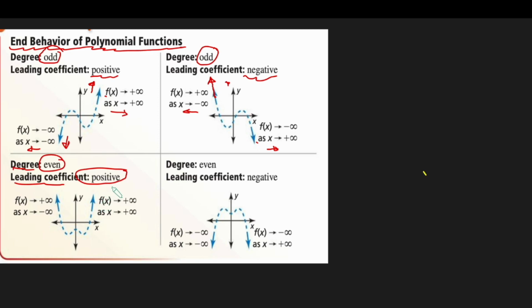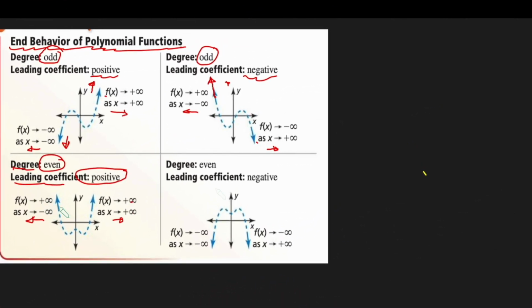Again, it is the positive direction. So x will approach positive infinity. If we look at f of x, we see that f of x is also approaching positive infinity. On the left-hand side, we see that x is going toward the left, approaching negative infinity. The y is going up, approaching positive infinity.